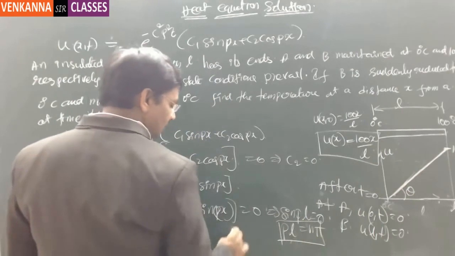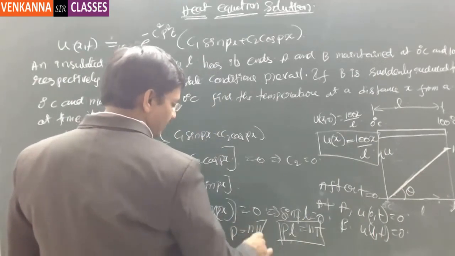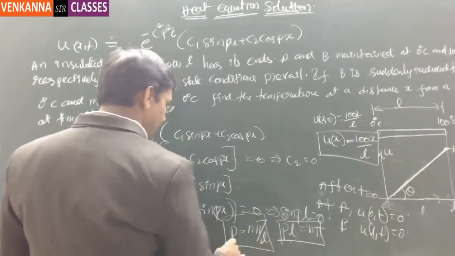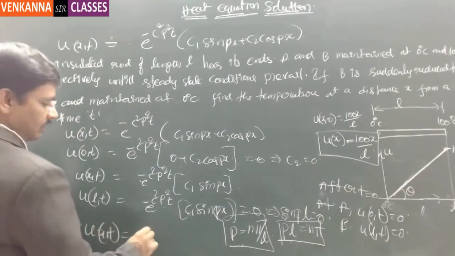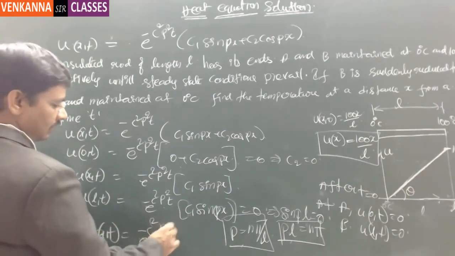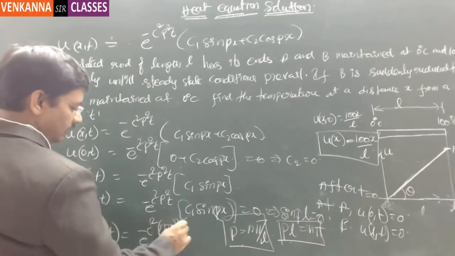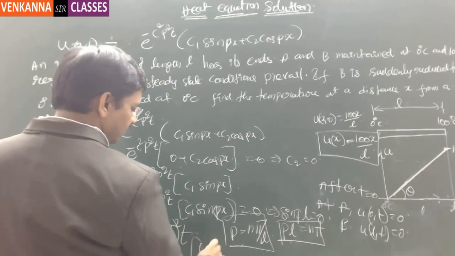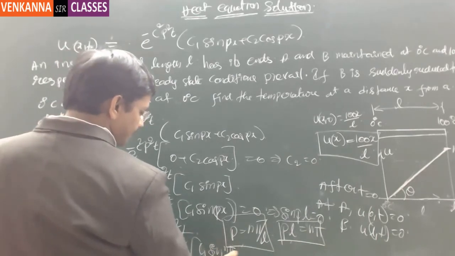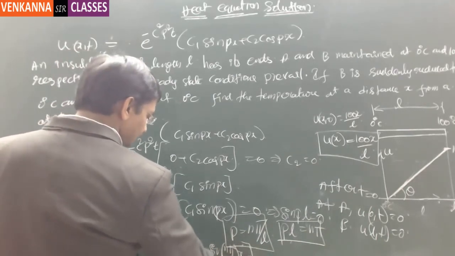From this p is equal to n pi by L. So we have got the value of p, and u of x comma t is given as e power minus c square, n pi by L whole square, into t, into c1 sin n pi by L times x. So this is the solution.